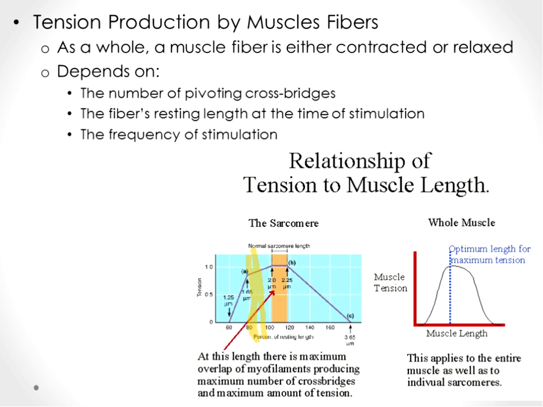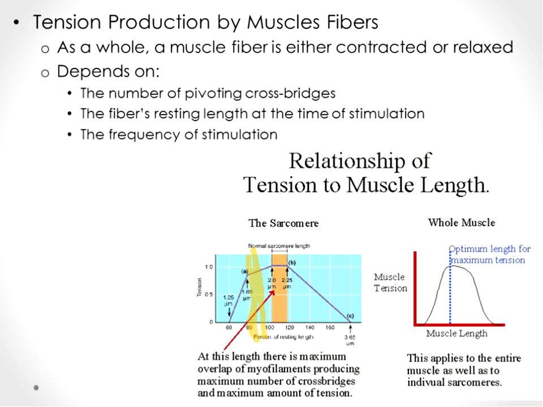But if we can get the sarcomeres to stretch a little bit and get the amount of actin and myosin overlap to be a little less, I am now setting up the sarcomere to, when asked to contract, have more availability for actin and myosin to interact more times, more forcefully, and generate, instead of 0.8 units of force, 1 unit of force.